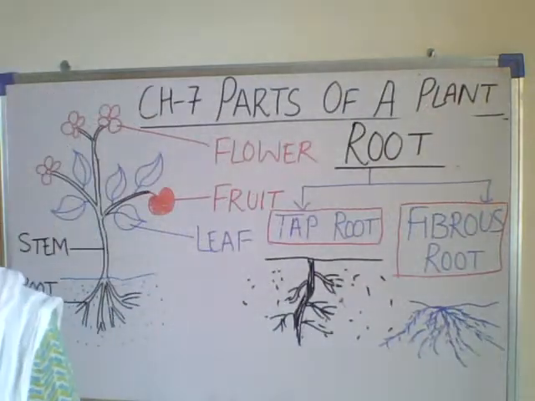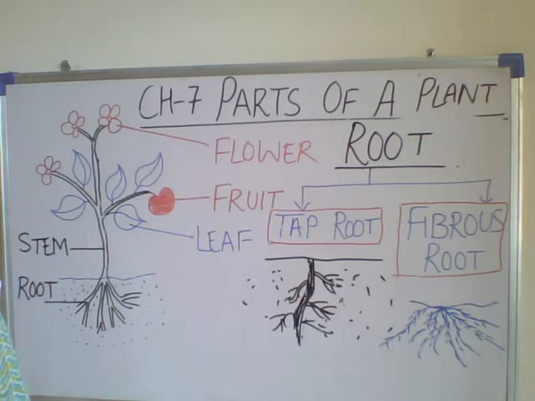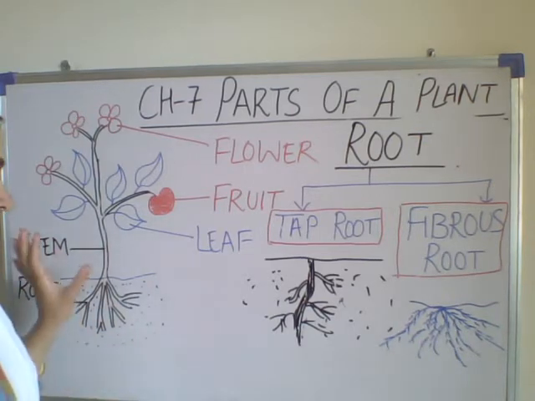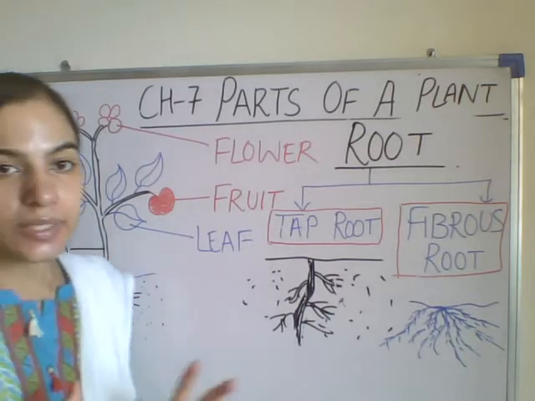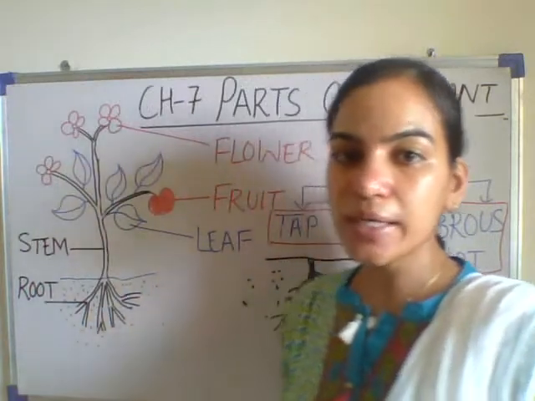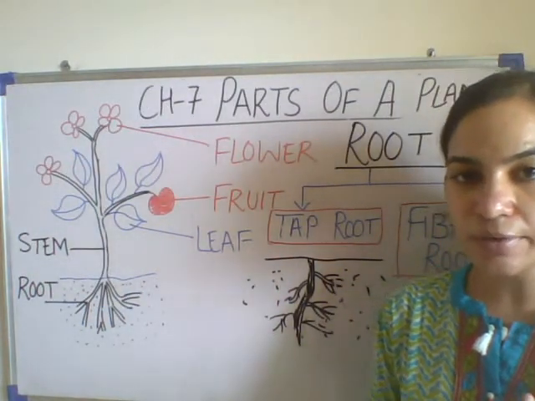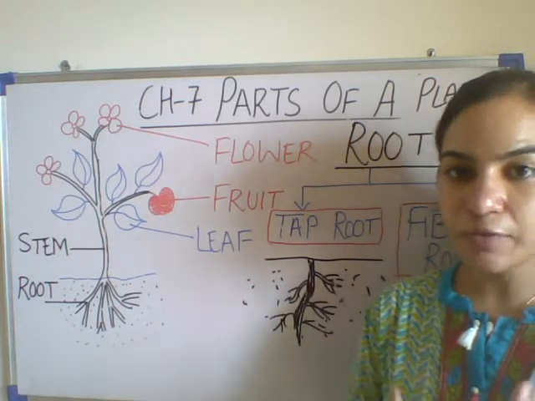The third, roots hold the soil and prevent it from being washed away by water or wind. This root holds the soil and prevents soil erosion. What is soil erosion? The washing away of the soil along with the rainwater or the wind.